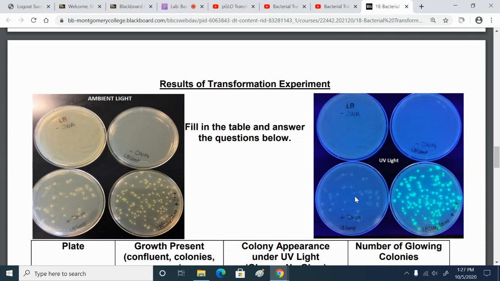Isn't it from the green fluorescent? No, the ARAC protein, where does that come from?